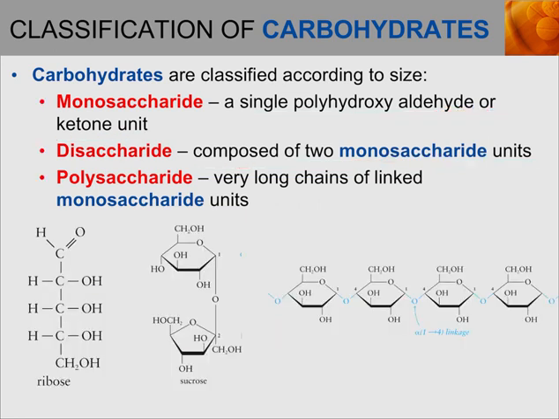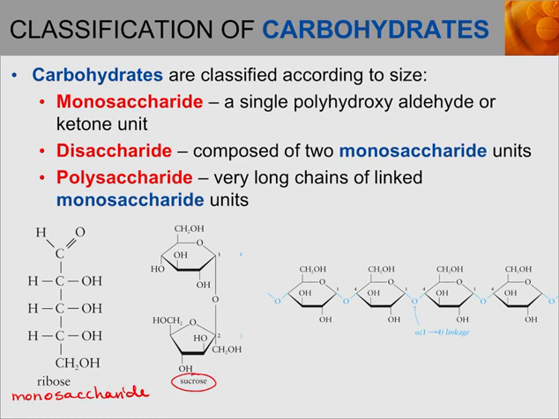Down below, I have, again, ribose, which is a monosaccharide. This monosaccharide can actually also exist in a cyclic form. Right now it's shown in what's called a straight chain form or open chain form. But we'll talk about later how this can curl in on itself and form a ring structure, similar to what we can see in our second example of sucrose.